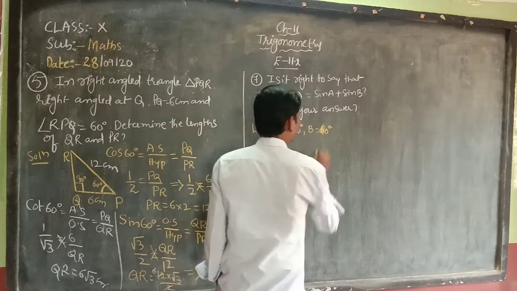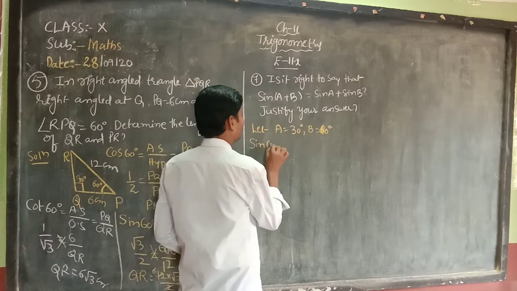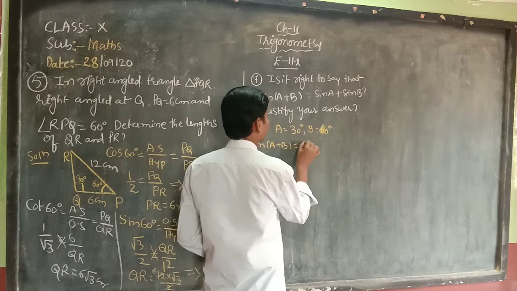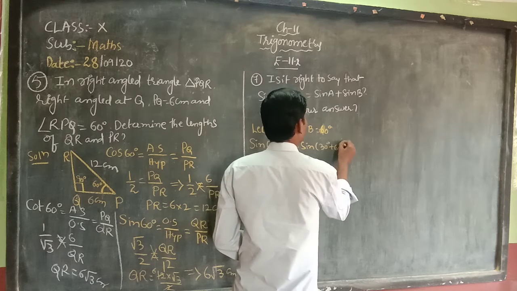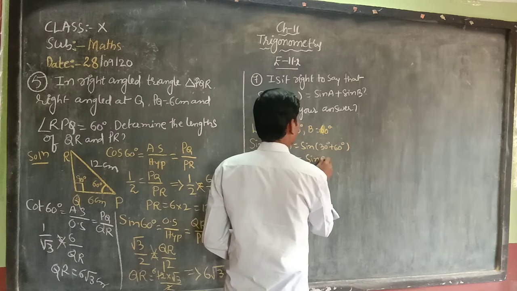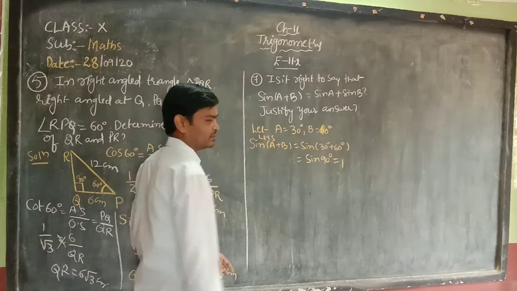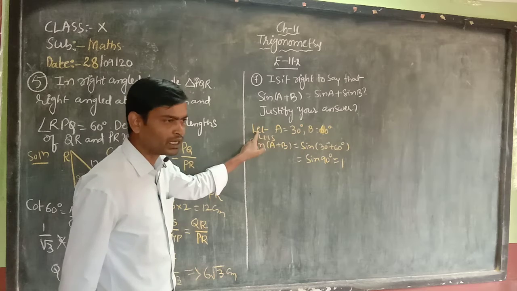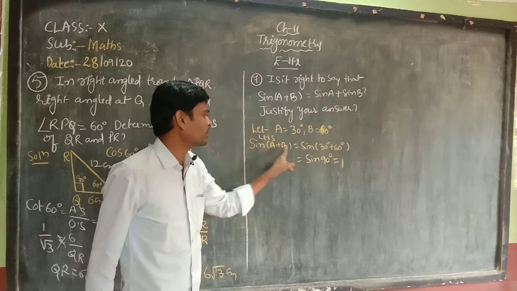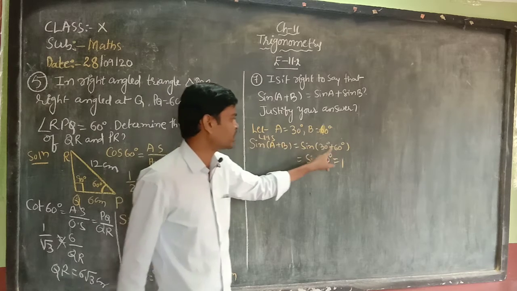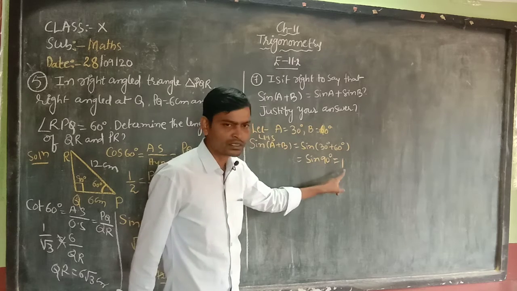Then sin of a plus b is equal to sin of 30 plus 60, which is sin 90. Sin 90 is how much? 1. This is the LHS we have taken. Instead of a we have substituted 30 degrees, instead of b we have substituted 60 degrees. 30 plus 60 is how much? 90. Sin 90 value is 1.